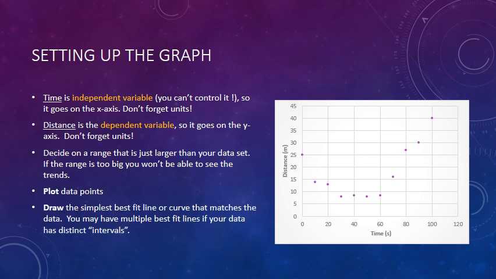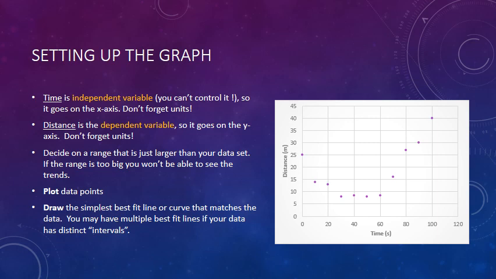And then you're going to want to put the simplest best fit line or curve to your data that matches your data. So remember, we're not connecting up all these little points with straight lines. We're looking at the overall trend in our data. Looking at this data, one simple line is probably not going to work for us. So instead, we're going to have multiple best fit lines since we seem to have three distinct intervals on our graph.